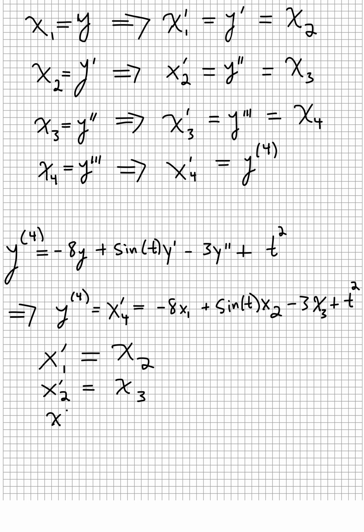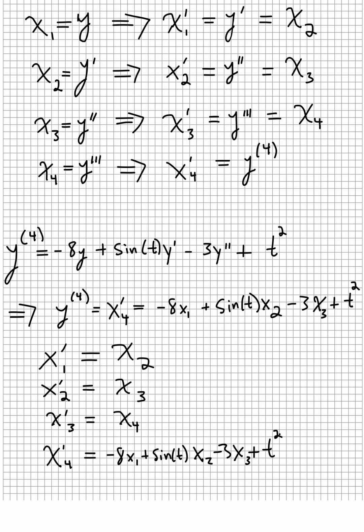X prime 3 was set equal to x4. And then last but not least, x prime 4 was equal to the term we just found, which is negative 8x1 plus sine of t times x2, minus 3x3, plus t squared.